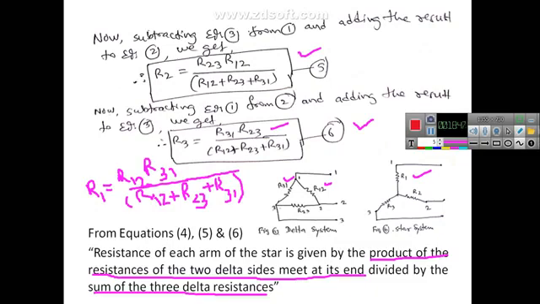So R1 is nothing but R12 into R31 divided by the sum. Similarly, R2 is equal to R23 into R12 divided by the sum, and R3 is equal to R31 into R23 divided by the sum. So that is how you need to find the equivalent resistance of a star connection from delta. That is how you can transform this delta into star.